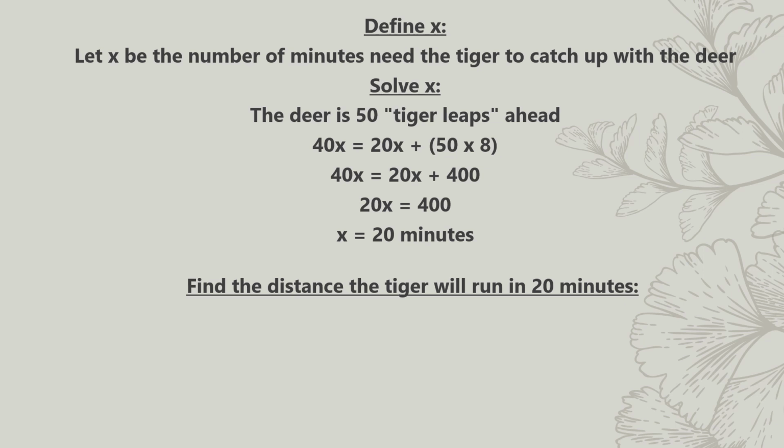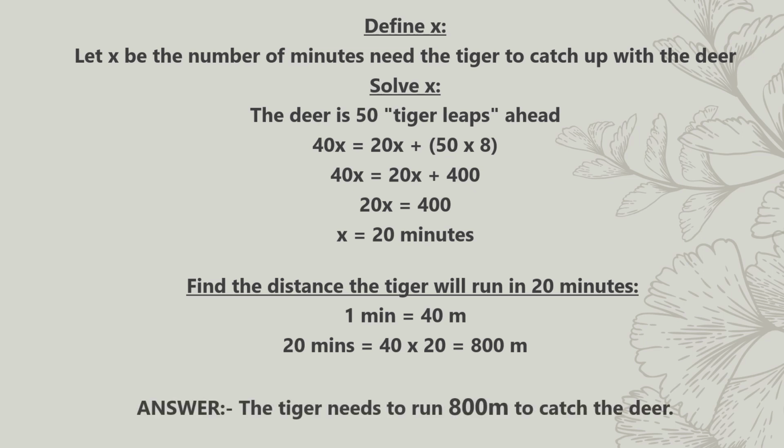Now the distance we need to find: in 1 minute, 40 meters is traveled by the tiger, which we already found in previous slides. So in 20 minutes, 40 into 20 gives 800 meters. So this is the distance the tiger needs to travel to catch the deer, and the answer is 800 meters.